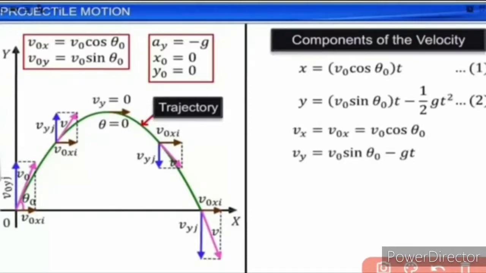And Vy, you can use the equation V0y plus Ay t. Substituting, we have Vy is equal to V0 sin theta 0 minus gt, because in the vertical direction you have acceleration due to gravity. So we can find Vx and Vy and substitute in the expression root of Vx square plus Vy square. So we will get the speed.